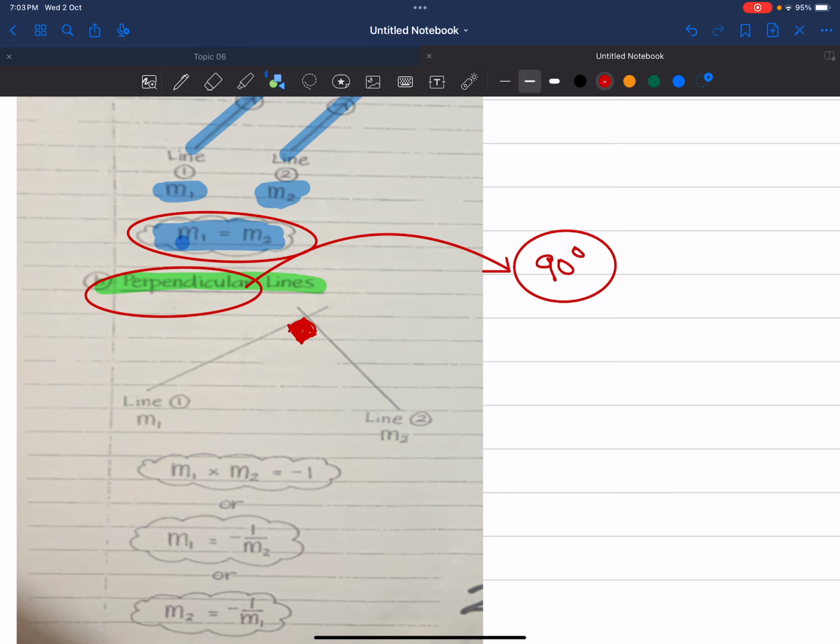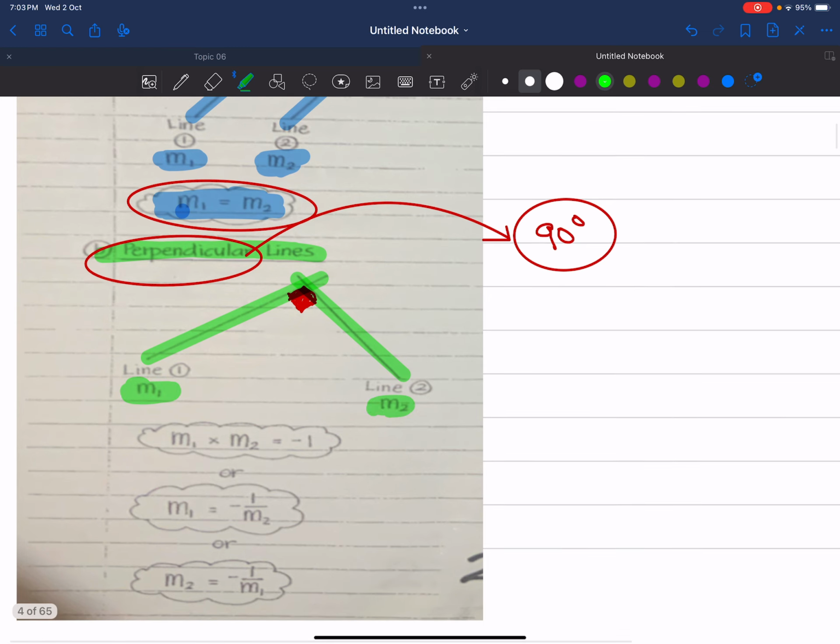When two lines are perpendicular, and each line has its gradient M1 and M2, the product of their gradients, M1 times M2, is negative 1.